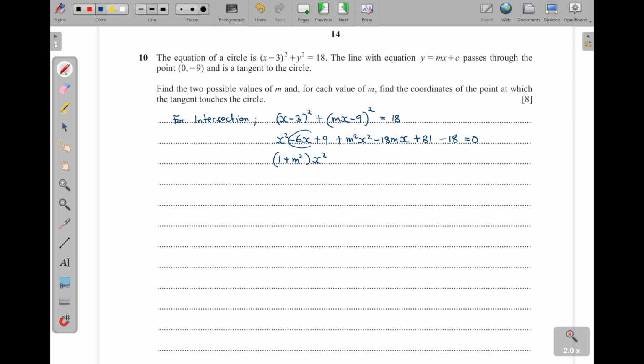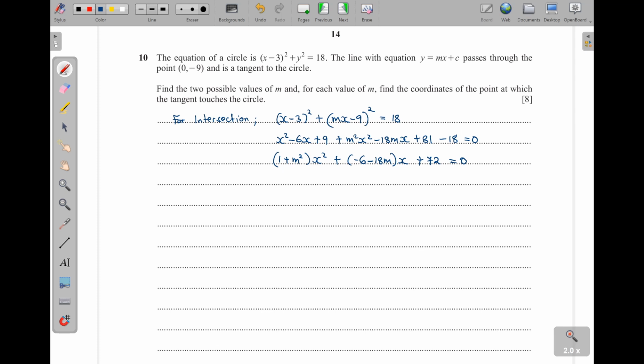Then there is minus 6x minus 18mx, that will then be (minus 6 minus 18m) x, and then this is 9 plus 81, that is 90. 90 minus 18, isn't that 72? Yes, that is 72, which is equal to 0.